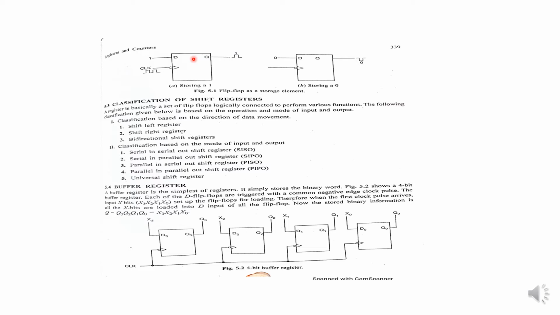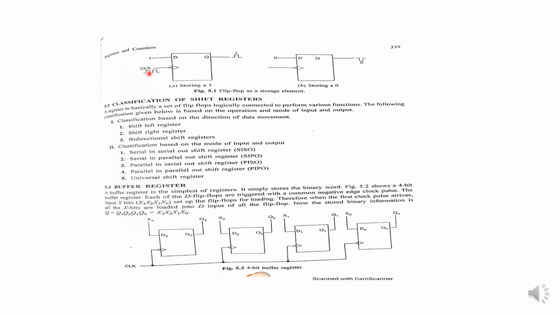You can see here, it is a flip-flop. It is a D flip-flop. You can use any flip-flop because the main function of a flip-flop is just to store the binary information. So if there is a clock pulse, and we have given the input 1, that means this 1 is stored in this flip-flop. And the output we will be getting is 1.